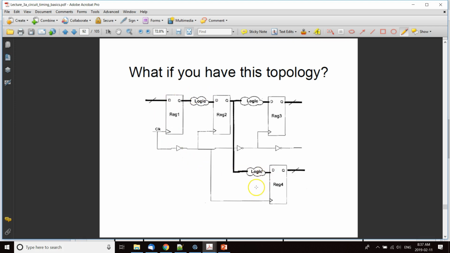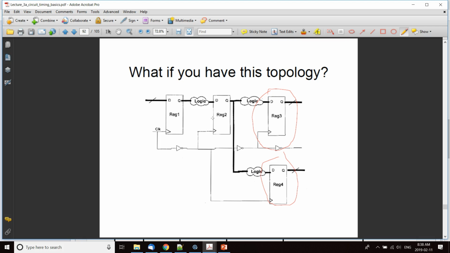I can't add this inversion of the clock because it's already what I am using. If you look at Reg 4 and Reg 3, they are getting their input from Reg 2, but Reg 4 gets it at the rising edge of the clock, and Reg 3 gets it at the falling edge of the clock relative to Reg 2.